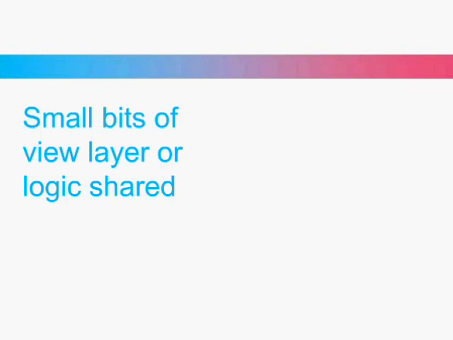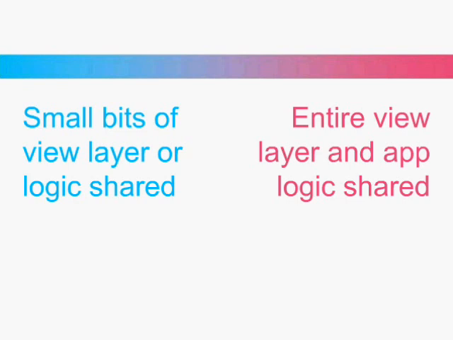Let's say there's one file with some shared code. That's the one extreme. The other extreme is your entire view layer, your entire application logic is shared between client and server. And your app can fall anywhere on the spectrum dependent on the needs of your use case.